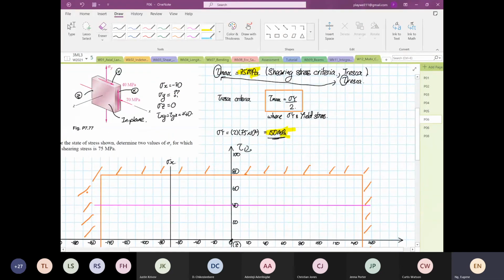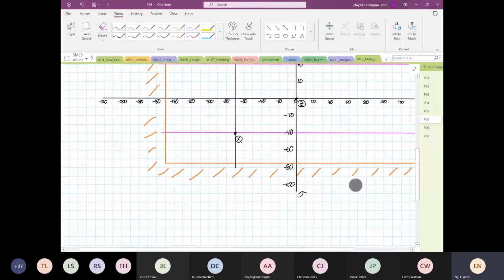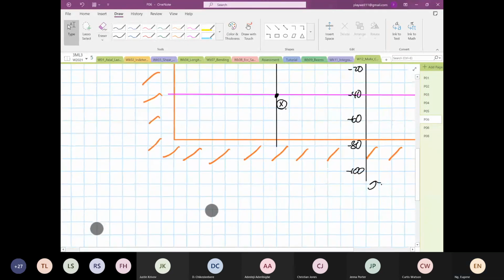So tau max, which is equal to the radius of the circle, is equal to 75 megapascal.